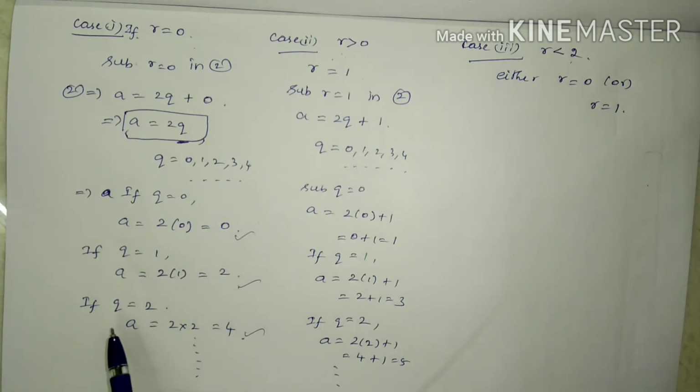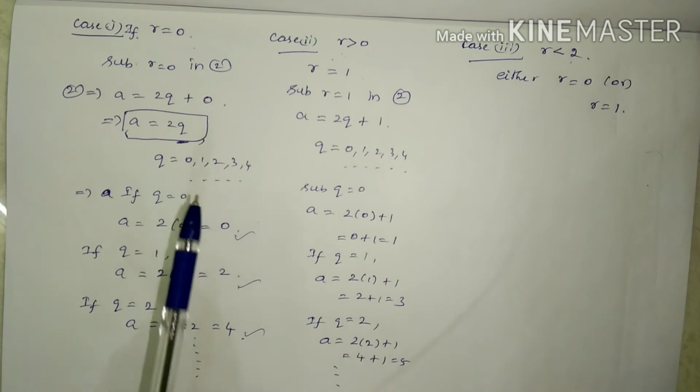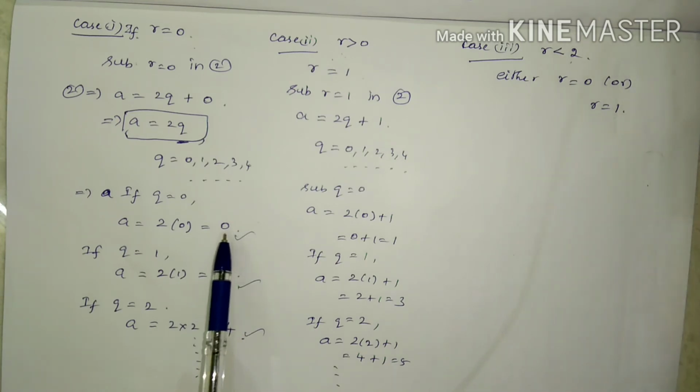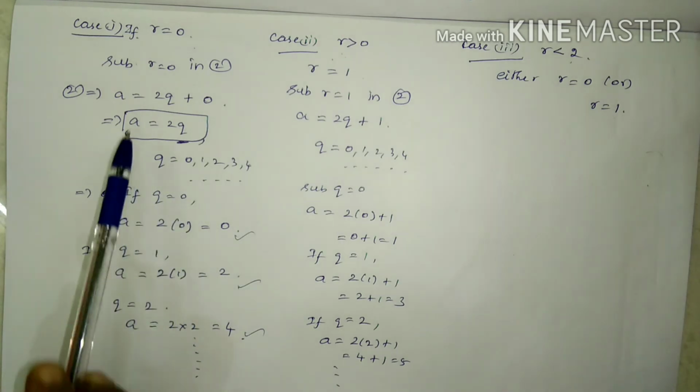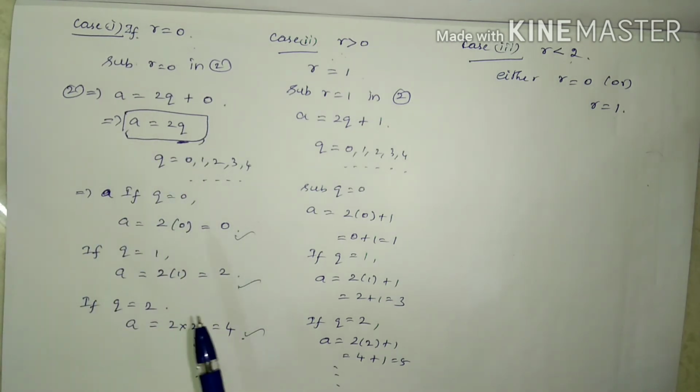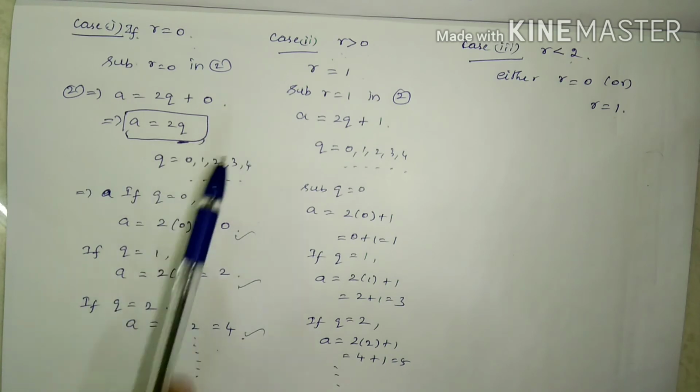If you substitute the values of q for 3, 4, 5 etc., we get only even numbers. See this, all are even numbers. So we can say the values of a are even numbers, and a is in the form 2q. So we can conclude that any positive even number is of the form 2q.